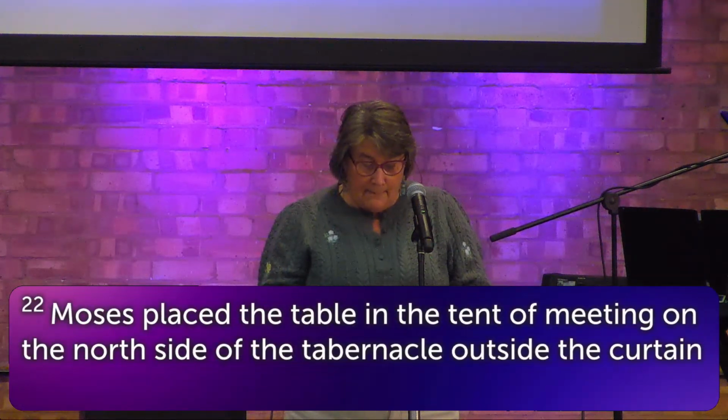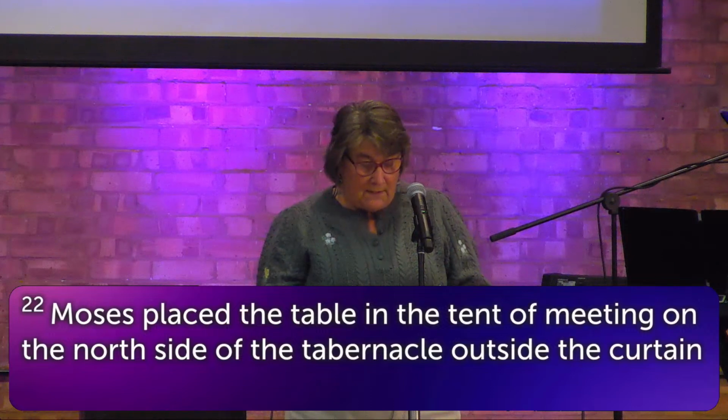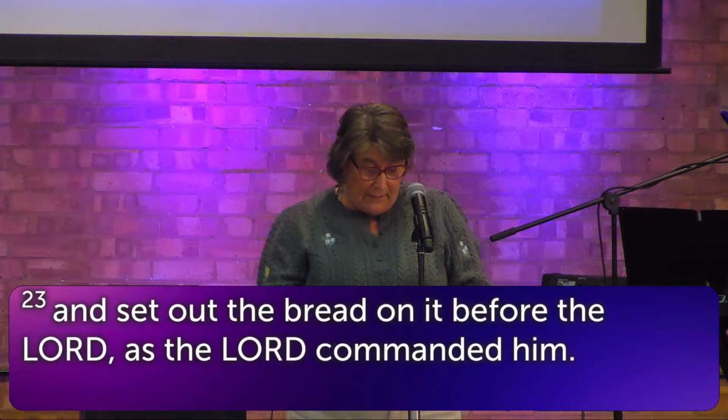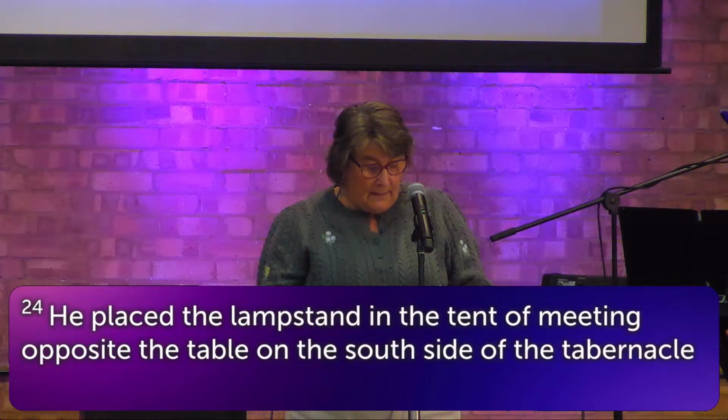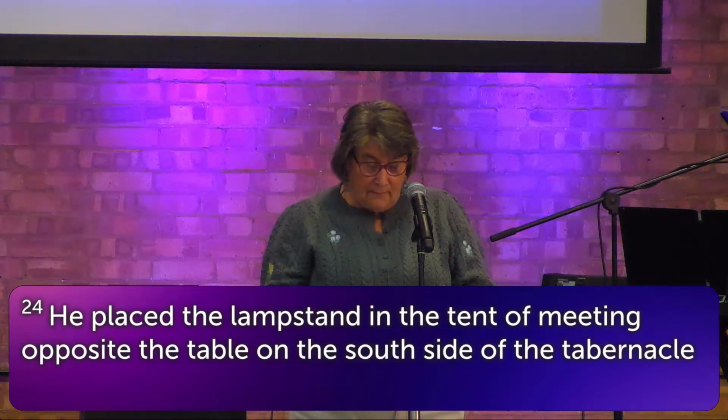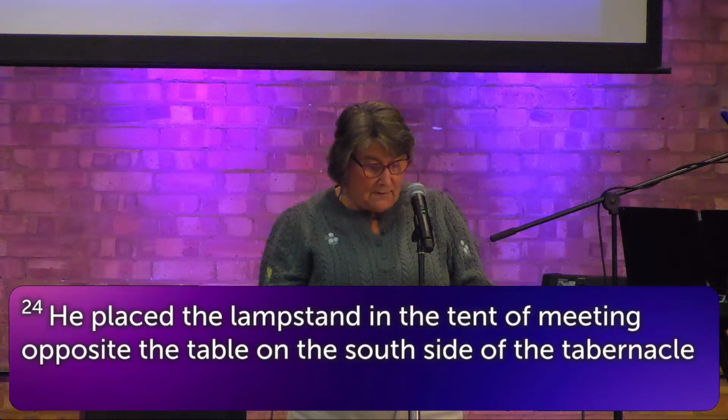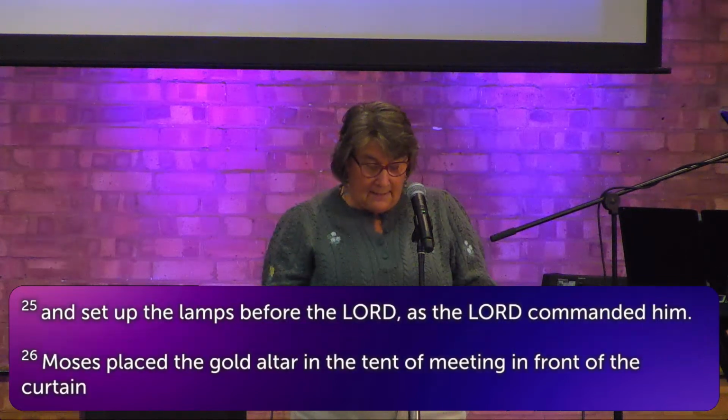Moses placed the table in the tent of meeting on the north side of the tabernacle outside the curtain and set out the bread on it before the Lord, as the Lord commanded him. He placed the lampstand in the tent of meeting opposite the table on the south side of the tabernacle and set up the lamps before the Lord, as the Lord commanded him.